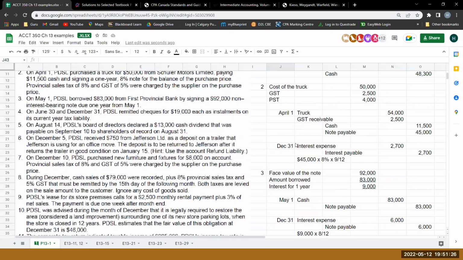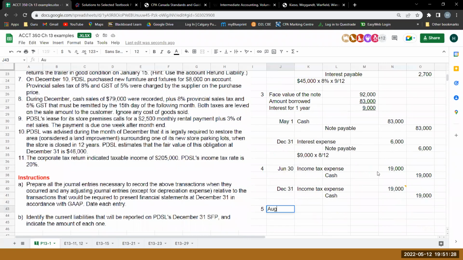August 14th is when the dividend got declared. That's the date that we go ahead and debit dividends. You could also debit retained earnings if you like for the $13,000, but we're not paying the dividend yet. So credit dividends payable. That's the date the dividends got declared.